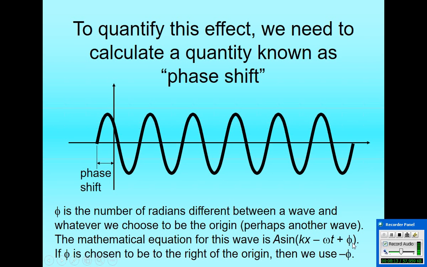And with the appropriate value of phi, I can tell you exactly the displacement, the velocity, and the acceleration of this wave, even if it doesn't start exactly at the origin or exactly at a peak. Phi handles all of that. And so we need to know how to calculate phi, the phase shift between two separate waves, if we want to determine the interference effects.